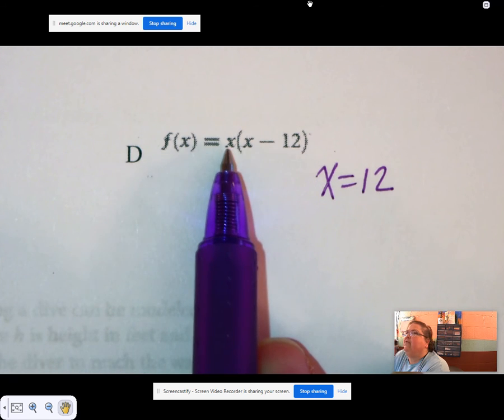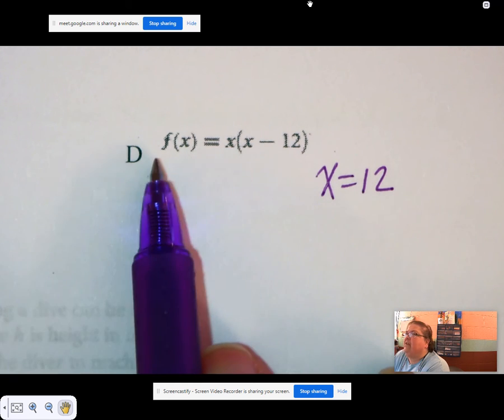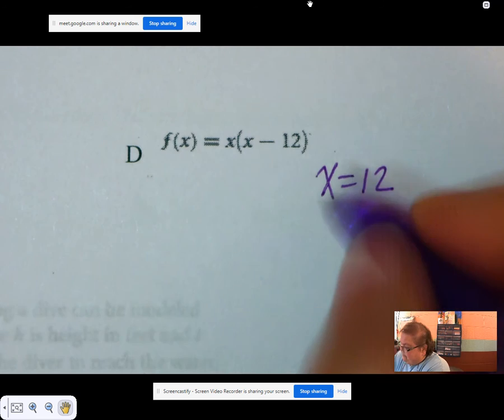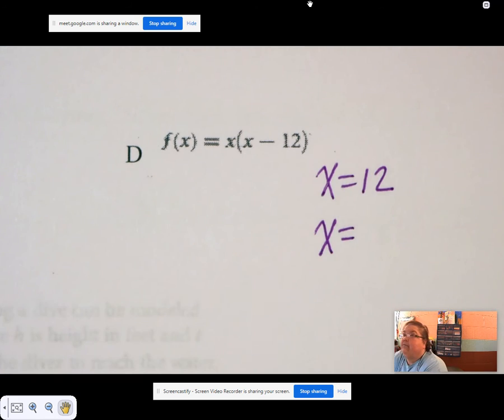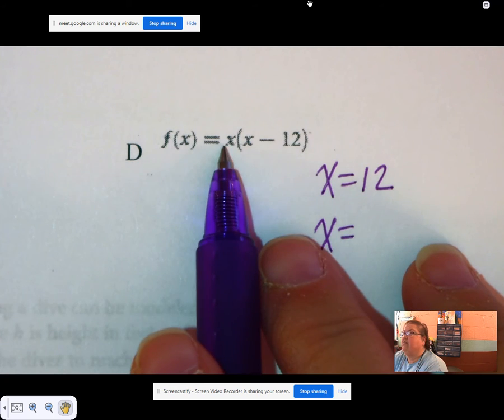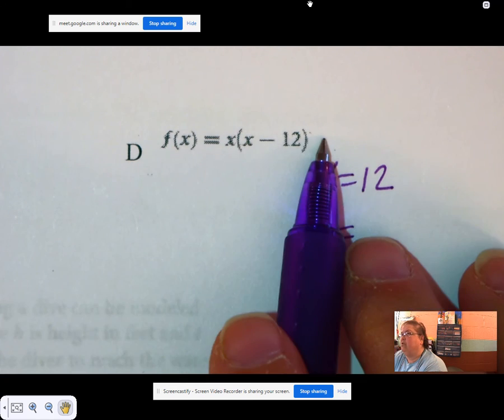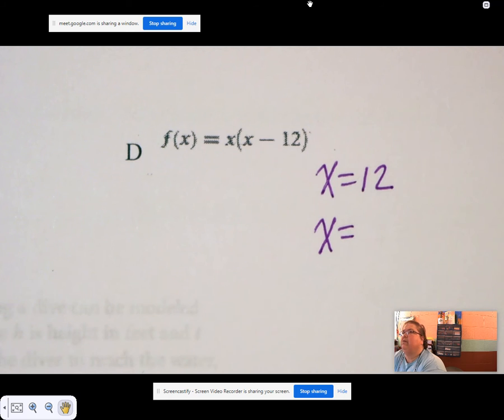What would the value of this x need to be so that f of x would equal 0? No. Thank you, though. Because it's multiplication. What would I need to have here that when I multiplied it, it would be 0? 0 is correct.